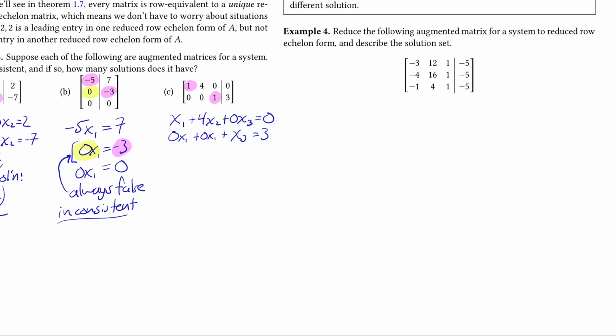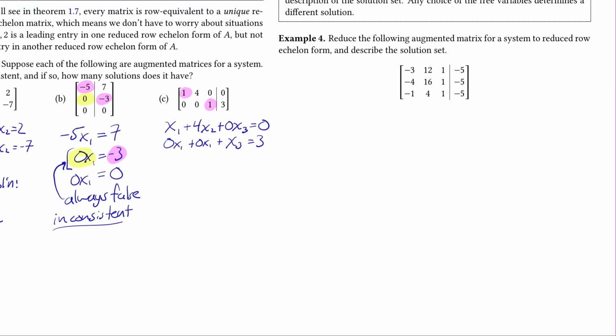Now notice in this case, none of the pivots are in the rightmost column. All of the pivots go along with one of the variables on the left side of the equations. Something else to notice is that there is x2, this variable here that doesn't have a pivot.